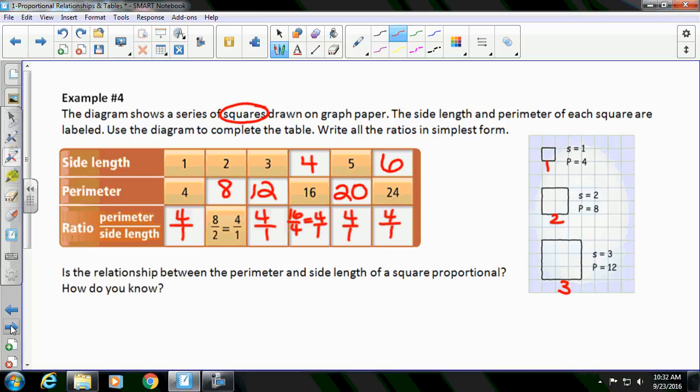So let's write this up. Yes, there is a relationship. It is proportional.